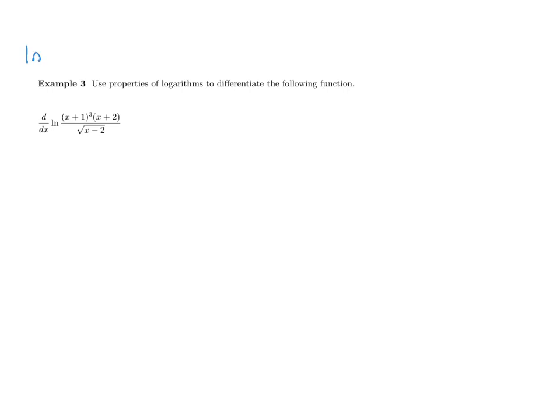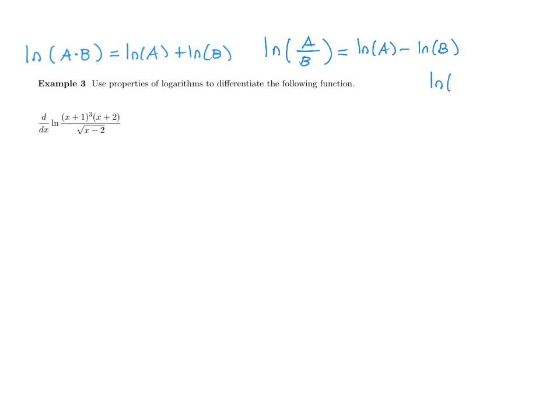For example, maybe you recall that if you look at the natural log of a product, how can you rewrite this as a sum? Well, in fact, it's equal to the natural log of A plus the natural log of B. There is also a rule for taking a log of A divided by B. Here you don't add them, but you subtract: log A minus log B. And one final rule is, if you have log of some expression to a power, you can bring that power to the front of the function.